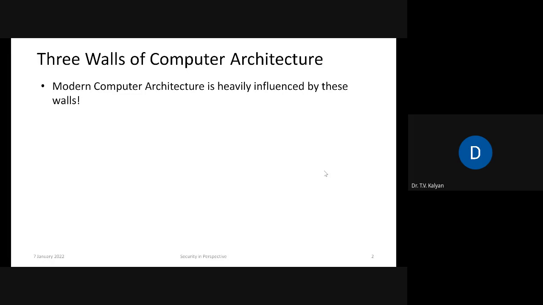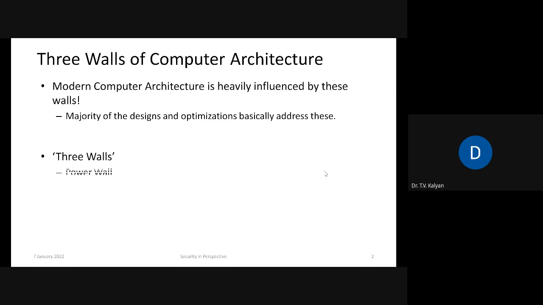So, as I was mentioning, the three walls had a lot of impact on the design choices the architects made across the years, and all the designs that we currently have were addressing these walls in one way or another. They're popularly called the power wall, the instruction level parallelism (ILP) wall, and the last one is the memory wall.